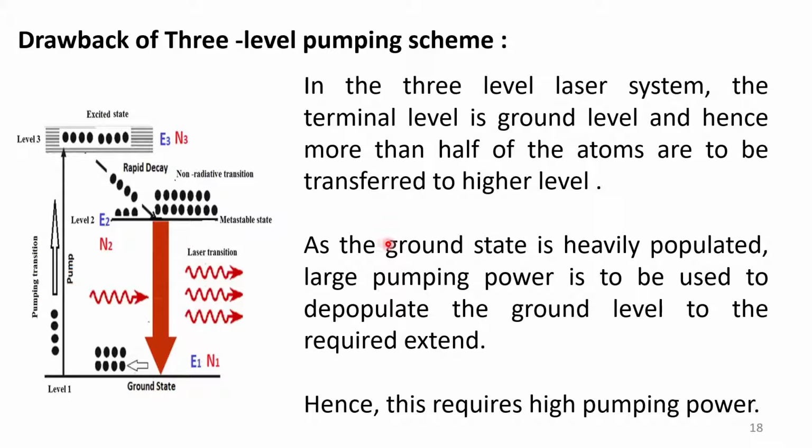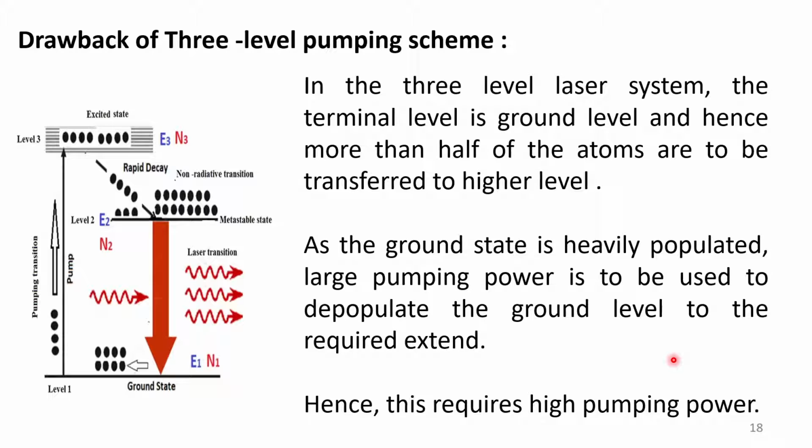So here, the ground state level acts as a terminal level. But we know that the ground state is heavily populated and a large amount of power is to be used to depopulate the ground level to the required extent.